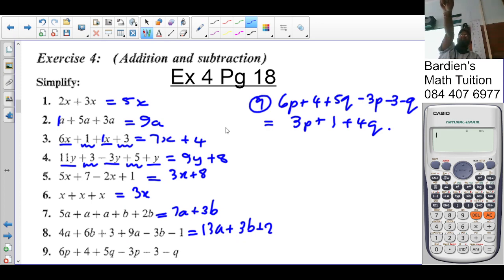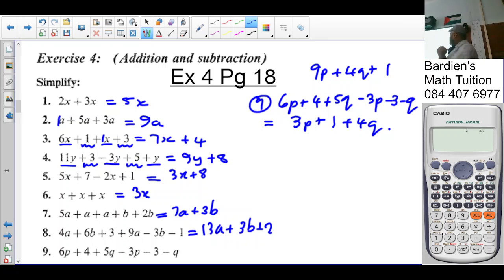Right. Behind, the second person from the back, what do you have? I have 9p plus 4q plus 1. Okay, so hang on.